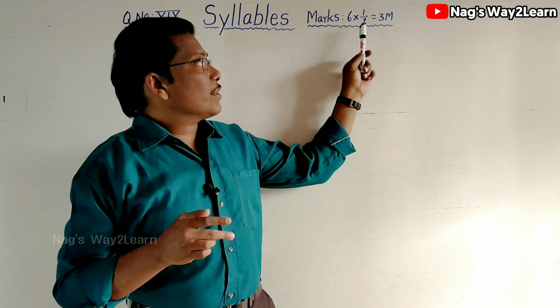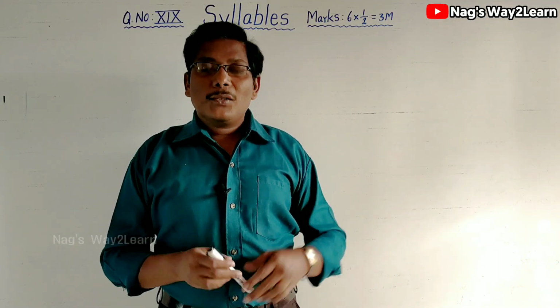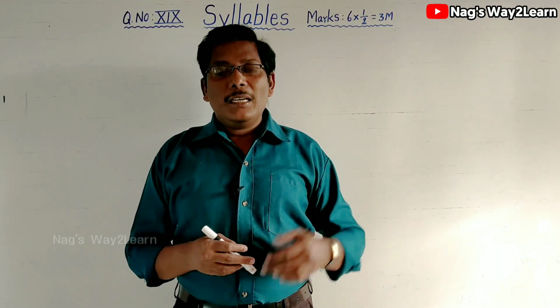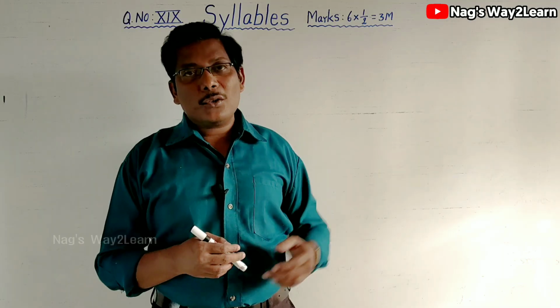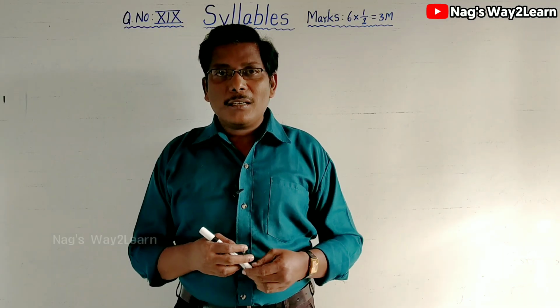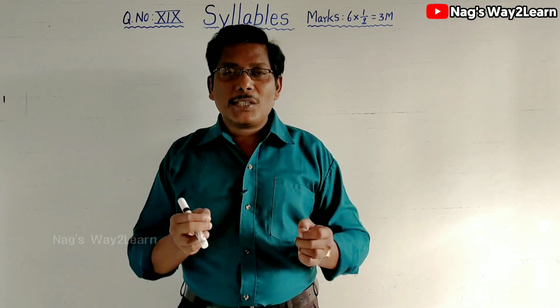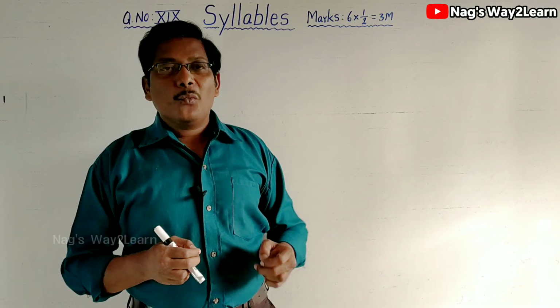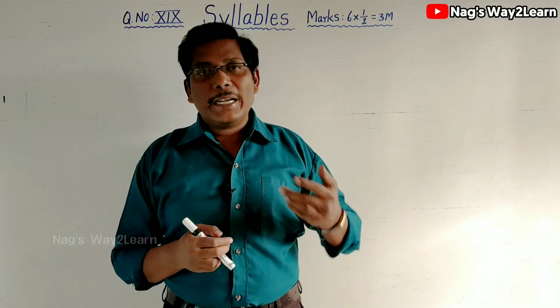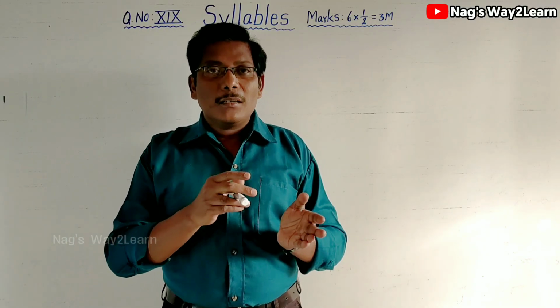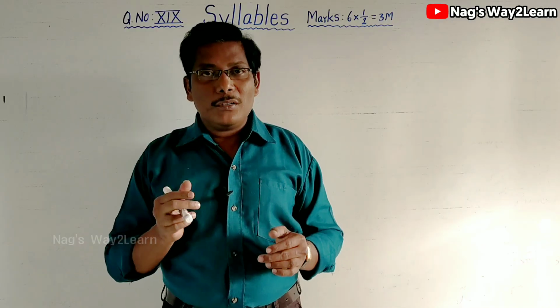So 6 halves are 3 marks. So in this class today, let's do some practice on this topic. But before doing that, first of all, we must know something about syllables. What is a syllable and how to identify it, and how many syllables are there in a word.